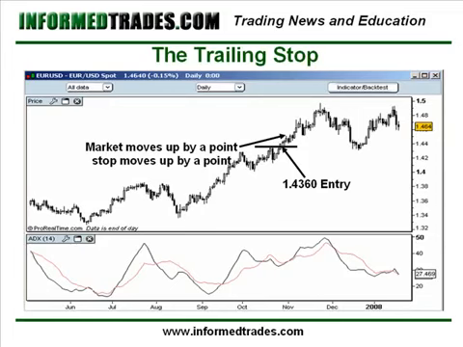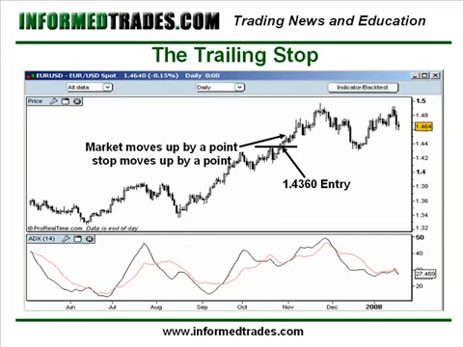But if after the market moves up to 144, it pulled back to say 143.80, your stop is still going to be at 143 because the trailing stop only moves when the market moves in your favor. It does not move when the market moves against you. That's sort of the purpose of it.